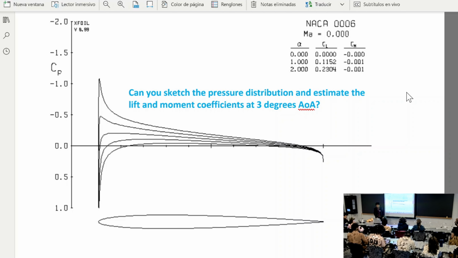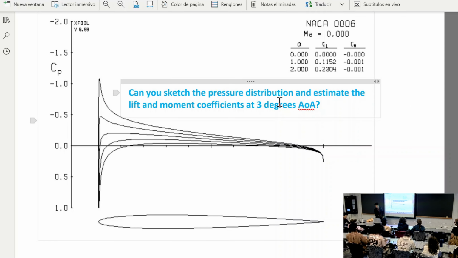So the question is, can you manually sketch the pressure distribution at 3 degrees angle of attack? Here, we only plotted 0 degrees, 1 degree, 2 degrees, right? So can you roughly sketch what the 3 degree angle of attack pressure distribution is? And also estimate the lift and the moment coefficients.